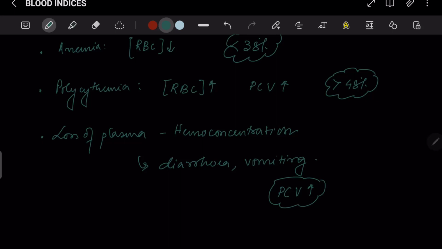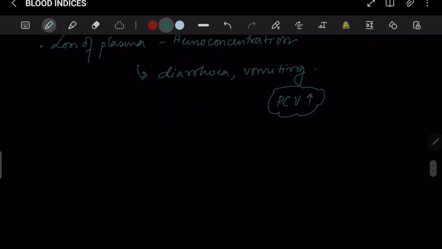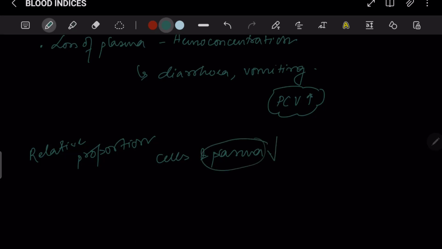Let me explain this a little clearly. Look, PCV is basically a relative proportion of the cells and plasma. If plasma decreases in a unit quantity of blood, the cells will relatively increase in proportion. As a result, PCV will increase.